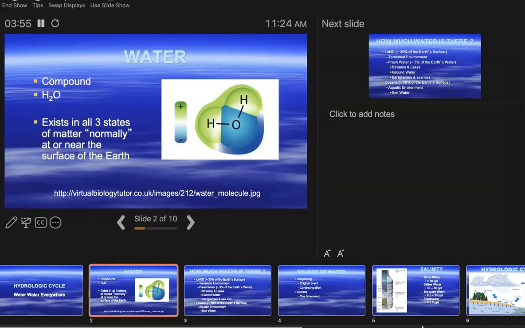And it, again, gives it some unique abilities. But so water molecules love to stick together because they're polarized. Water exists in all three states of matter under normal circumstances at the surface of the earth. Water is composed of two hydrogens and an oxygen. And I think that's everything we've said to you about water.